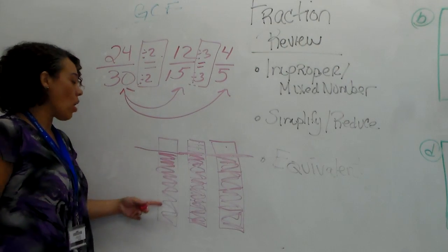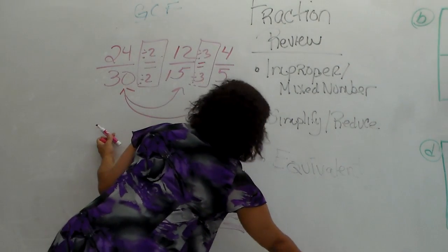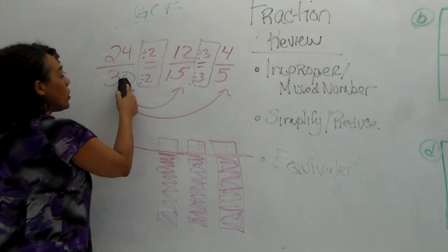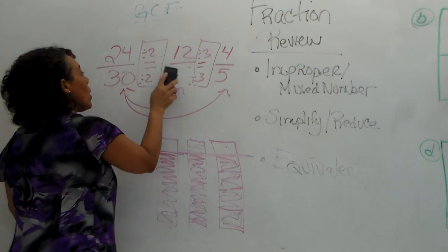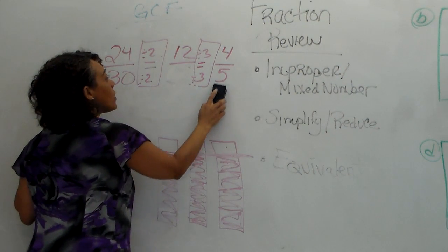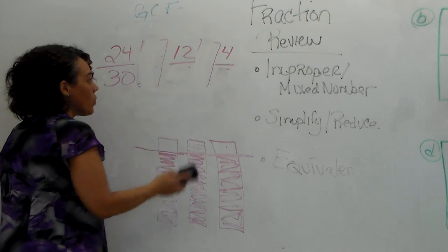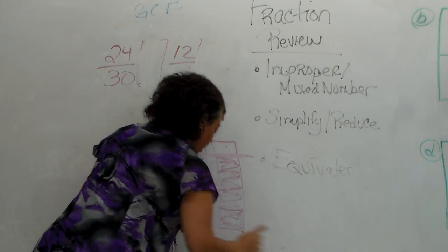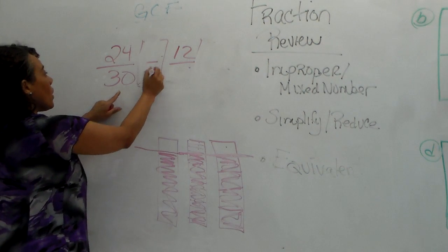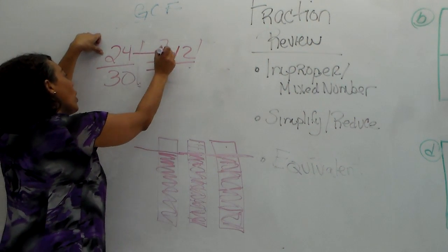So what if it's not written in a visual form, but you needed to solve something like this? 24 over 30 is the same as what over 12 over 15? Well, this is where I would work a little bit backwards. I look at what I do know.